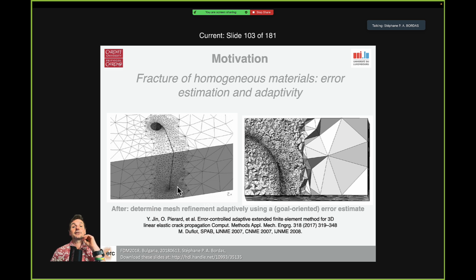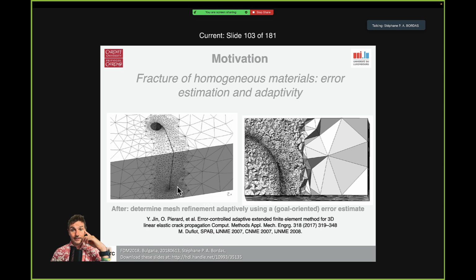Because what we were interested in here was to minimize the error on the stress intensity factors. Because the stress intensity factor is, if you remember from Paris law, the governing point with which you are solving the propagation of the cracks. So if the stress intensity factor is inaccurate, then what you get is an inaccurate propagation growth. So it's very important to have proper stress intensity factors, right?